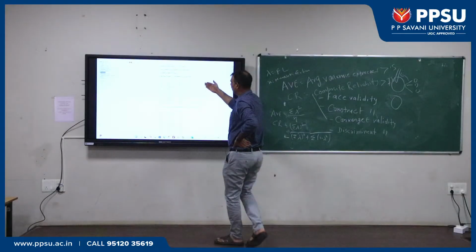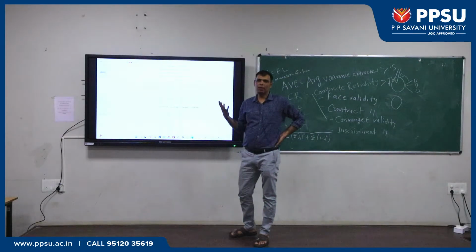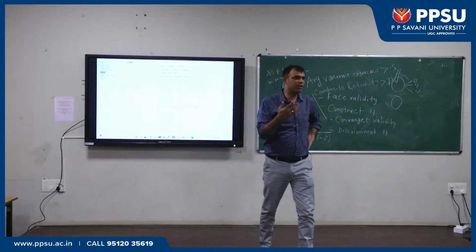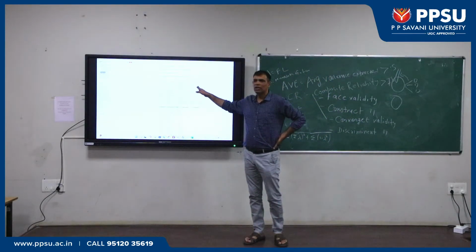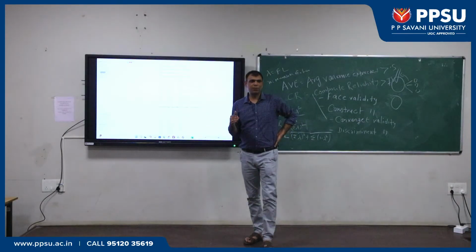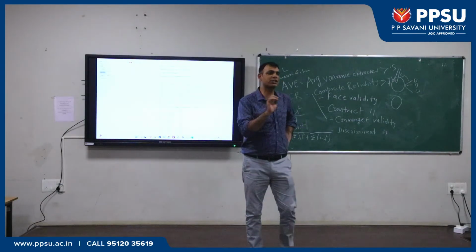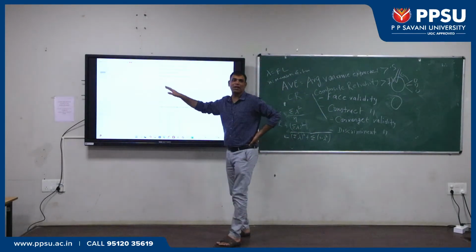To be significant, all p-values should be less than 0.05. Here all p-values are less than 0.05, because triple star means less than 0.001. So the first thing you need to check is whether this path is significant or not.